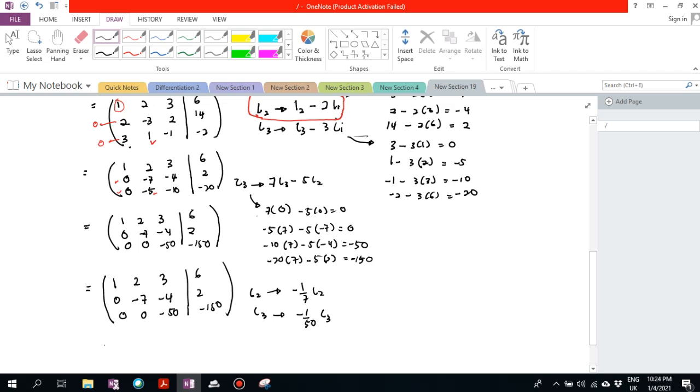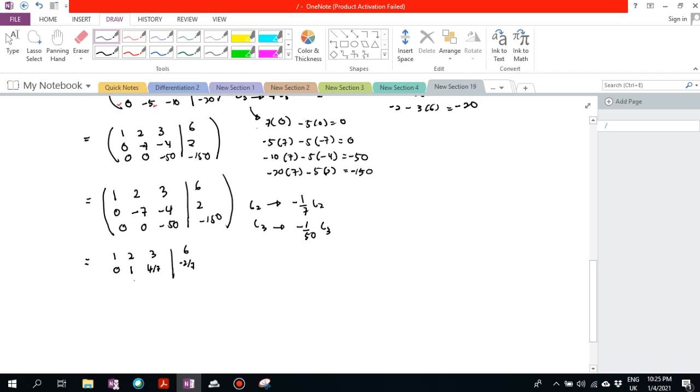So this one will be 1, 2, 3, 6. The second one is 0, so negative 7 divided by negative 7 becomes 1. Then negative 4 divided by negative 7 will be 4 over 7. Then we get negative 2 over 7.